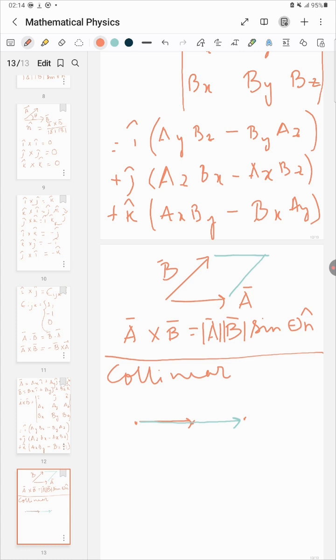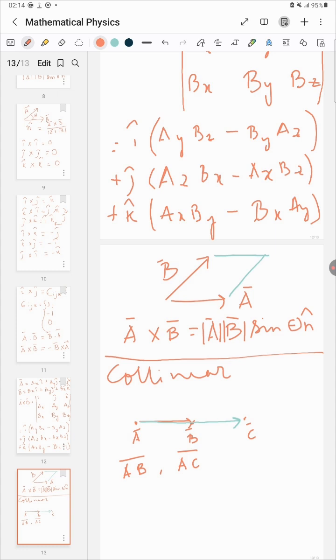How come? Let us name these points A, B and C. So we have vector AB and we have vector AC. Physically, it means the area between vector AB and AC is 0. That is, there's no area between them. If there's no area between 2 vectors, then those 2 vectors are said to be collinear.